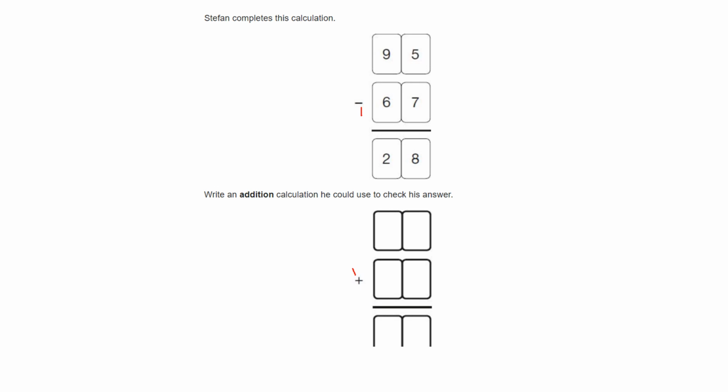Now, if we look at Stefan's calculation, we've got 95 take away 67 equals 28. This time we're going to do an addition. We should know that when we add two numbers together, we get a bigger number. So our biggest number in this case is 95.